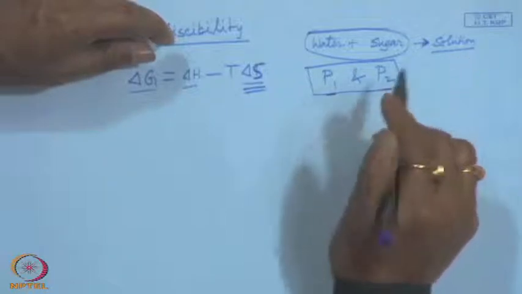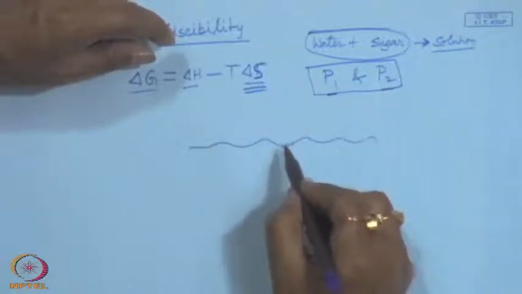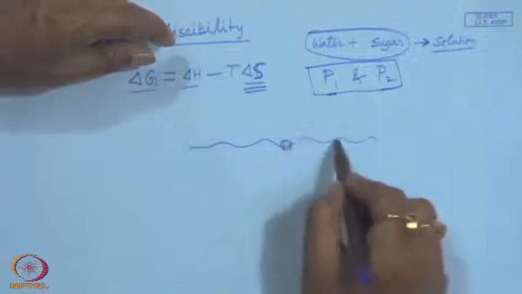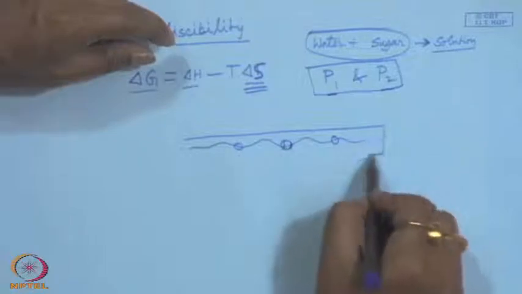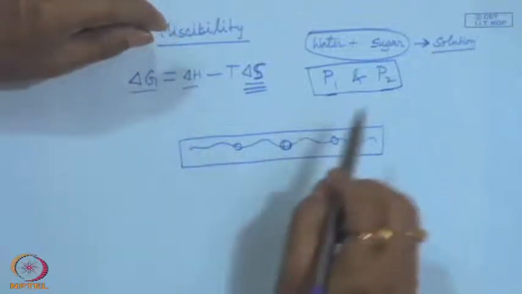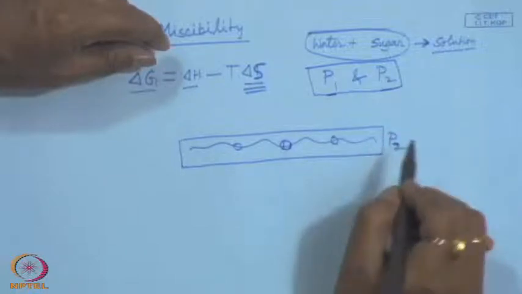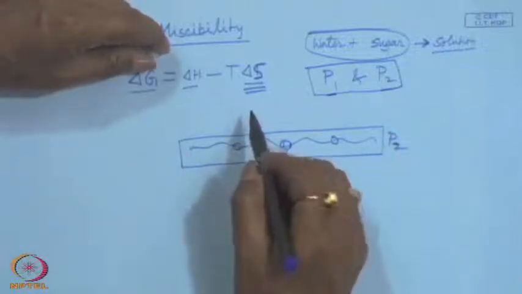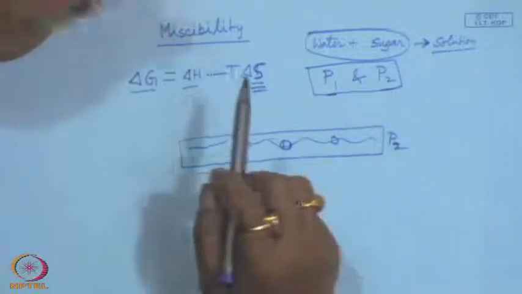Now, a particular segment, suppose this is a polymer chain, a small segment may be a little mobile, but the mobility of the polymer molecule as a whole is not possible. Say, for example, the mobility of P2 in P1 is not feasible that way. So, the entropy of mixing of P1 and P2 is negligible.